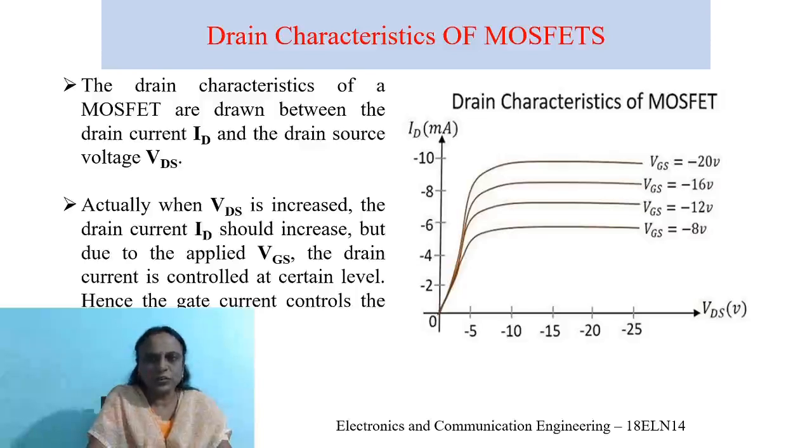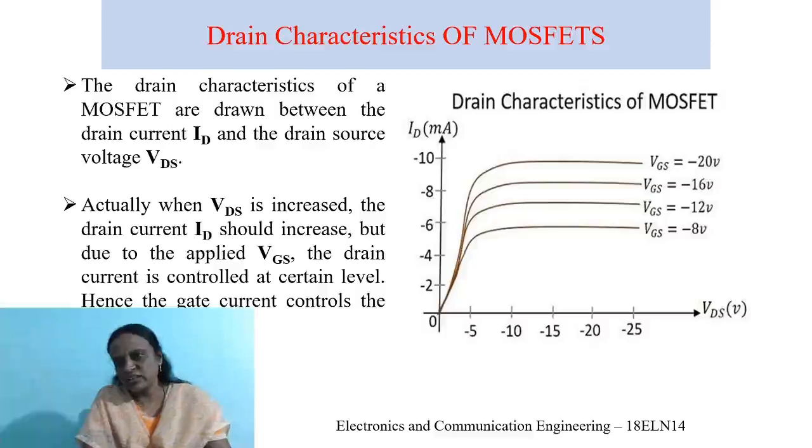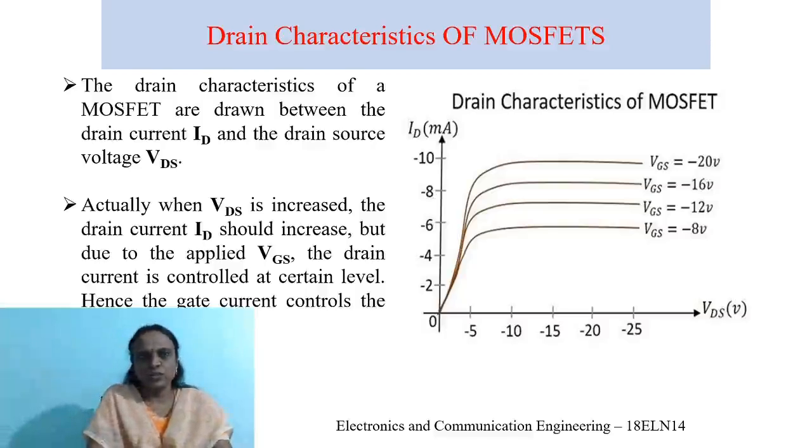where the unit of ID is milliamps and VDS is in volts. ID refers to the drain current, and VDS refers to the drain to source voltage.